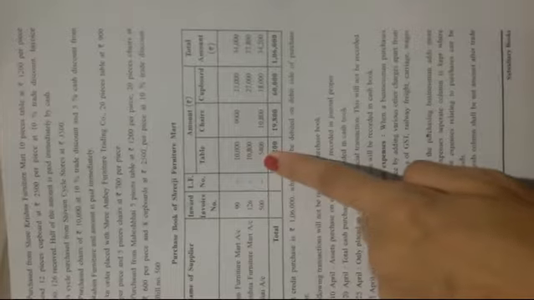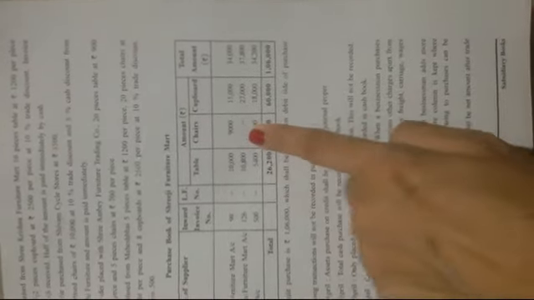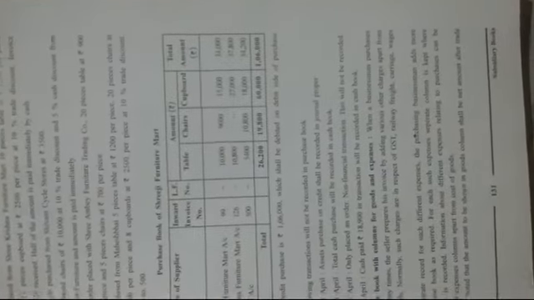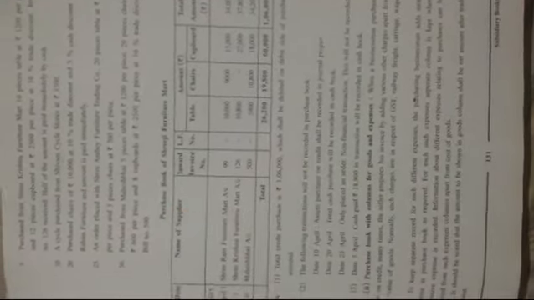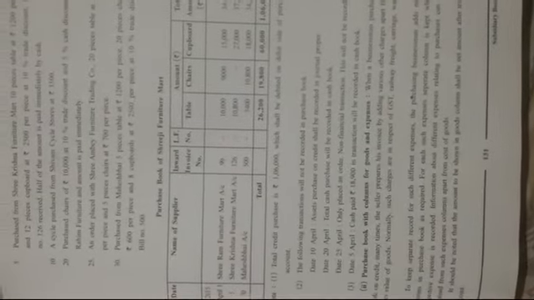So first you have to write table, then second would be chairs, third would be cupboard, and above that you have to write the amount, and the last column would be total amount. This is how you have to prepare the table for the question. And on the top of the table you have to write purchase book of Shriji Furniture Mart. So let's start with the question.